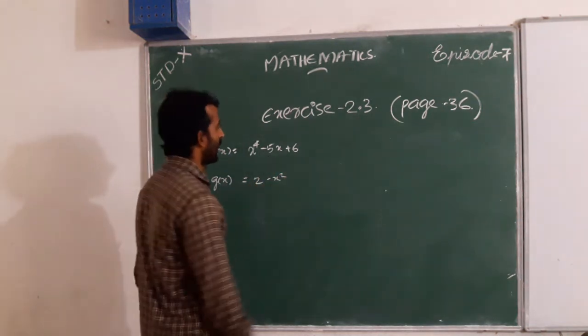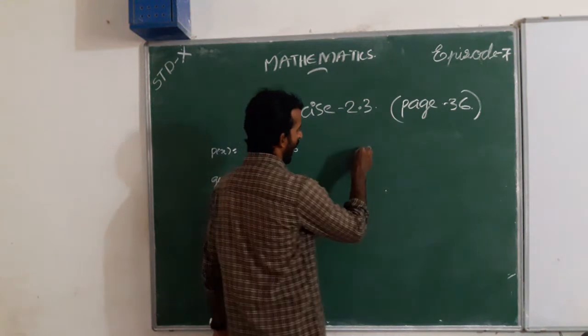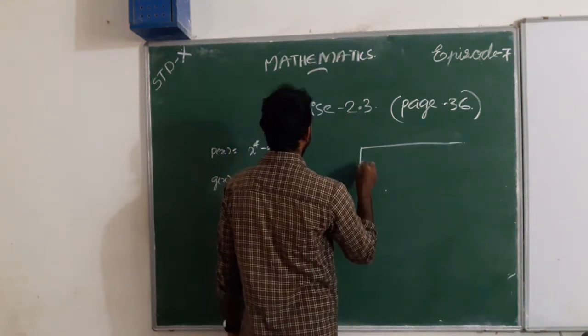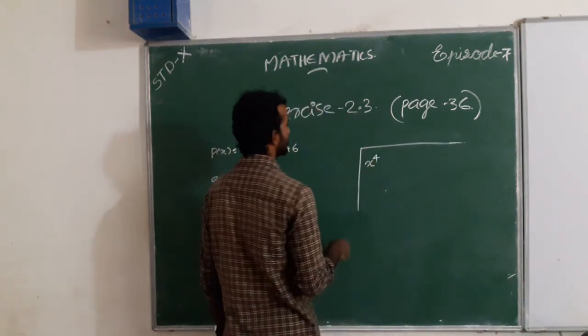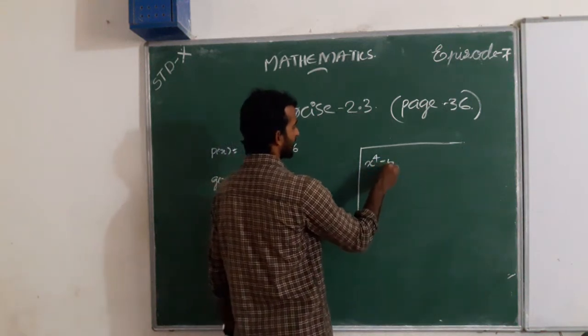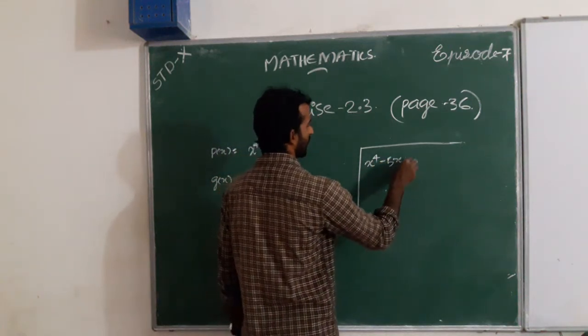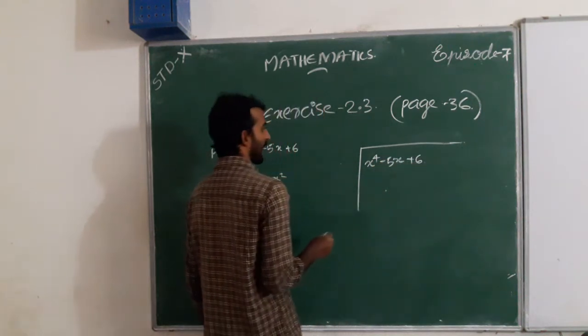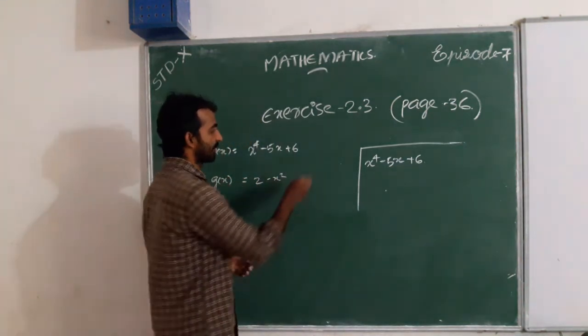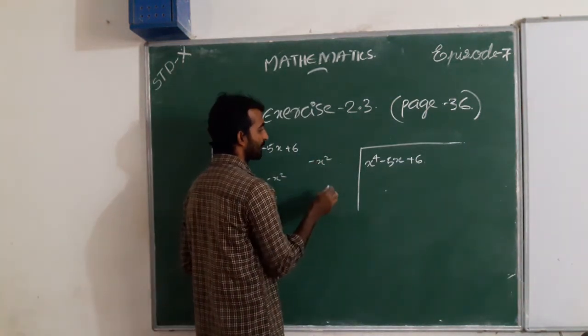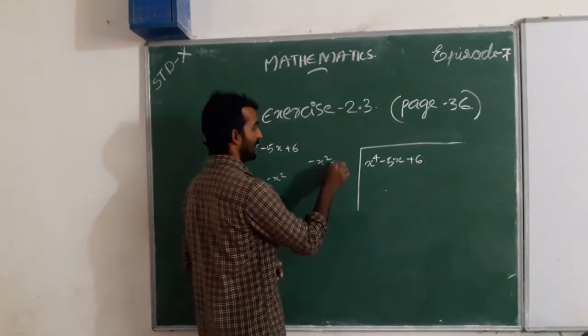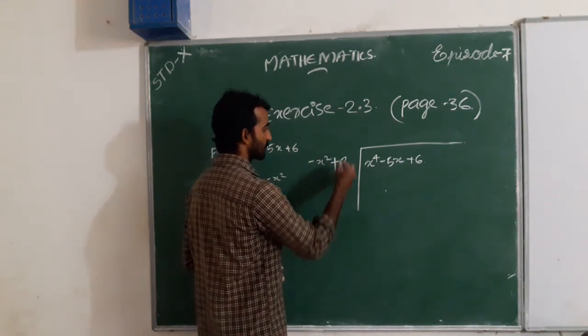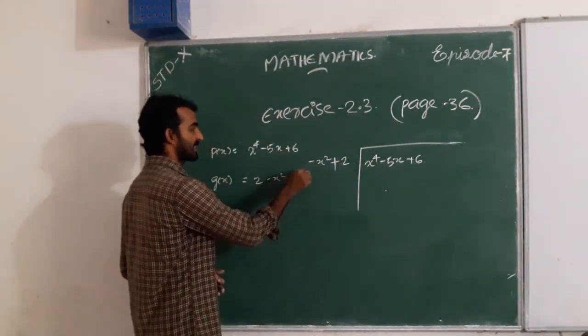We can rewrite x raised to 4 minus 5x plus 6 as minus x square plus 2.